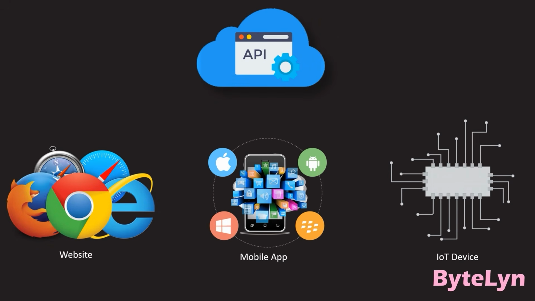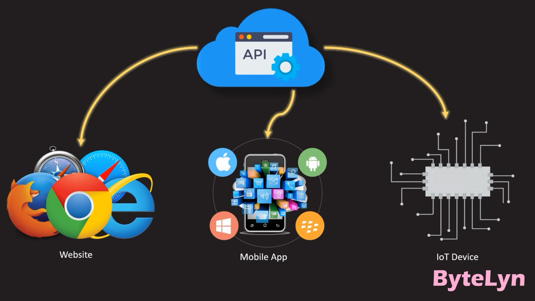So last time we saw how an API works. Now we'll take a deeper look. Does an API only work on a website? No, you can integrate an API into mobile apps, or you can integrate your API into IoT devices as well. This is the beauty of the API. Once you design a backend system with an API, you can integrate it with any kind of front-end system or any client-based system.